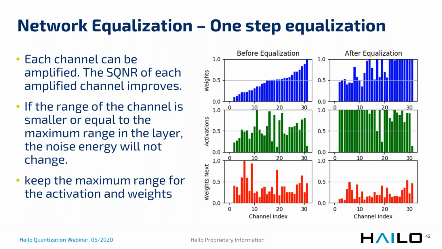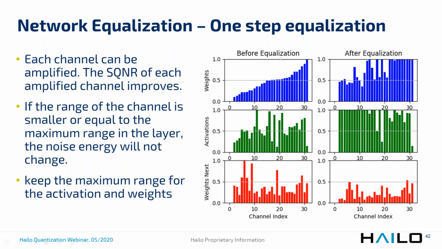So in that case we are not going to amplify this channel, because if we amplify its corresponding weight, we're going to change the dominant channel. So we're only going to amplify each channel until the dynamic range of the corresponding weights channel hits the range of the dominant channel.